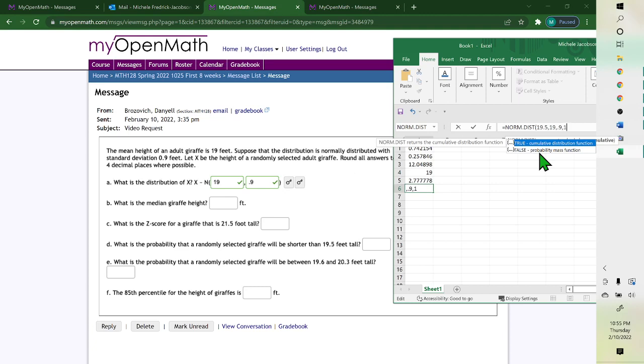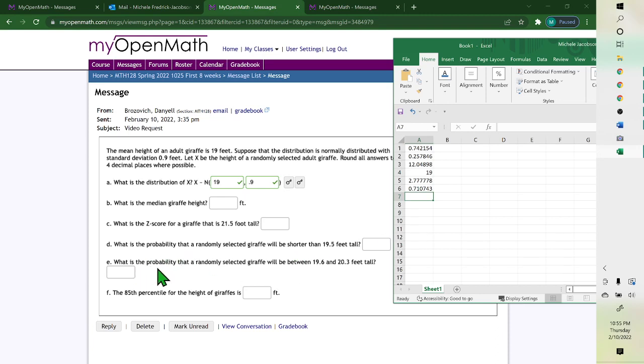Under the curve is 1. Now this 71% is the percent below, and they wanted shorter, so it would be that answer. If they wanted greater, then you would have to take 1 minus it.